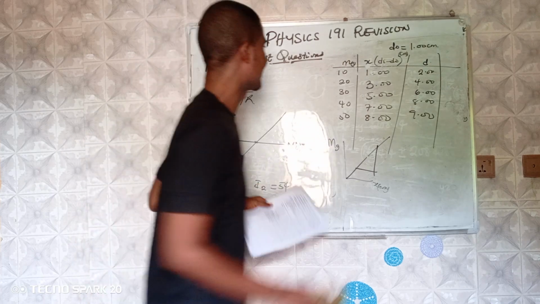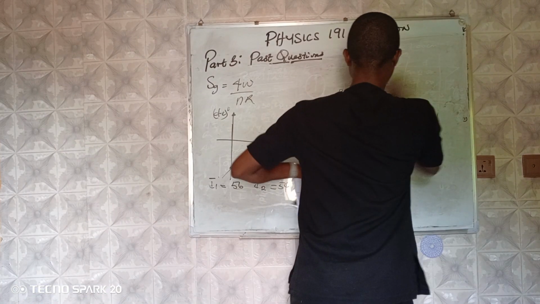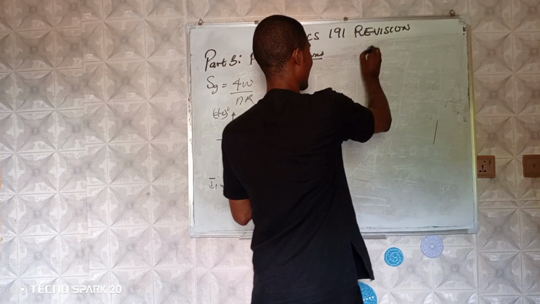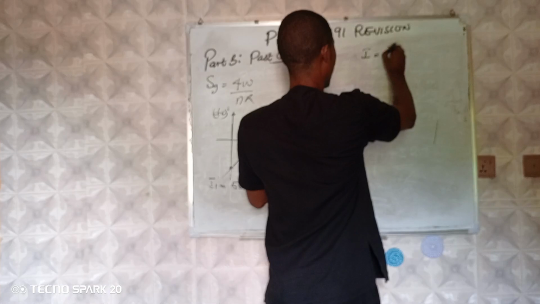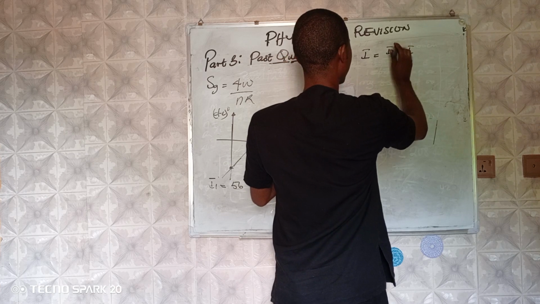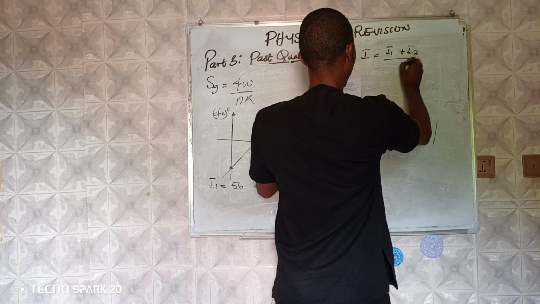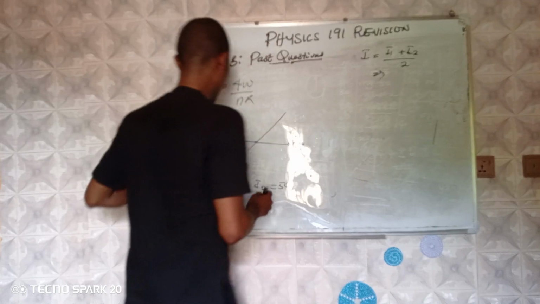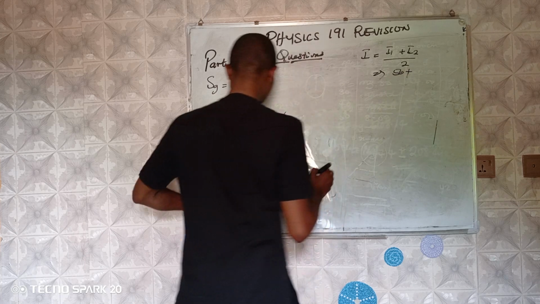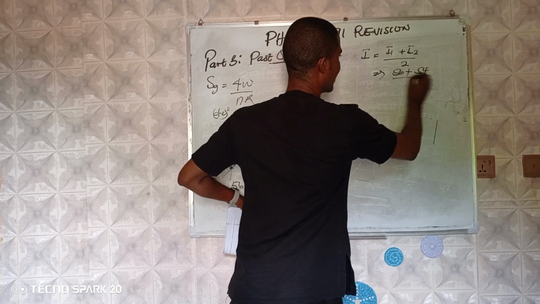What the question now says is to evaluate for I. We want to get I. But the formula for I is given as I equals I1 plus I2 over 2. My brother, I1 is 56, I2 is 54, over 2.